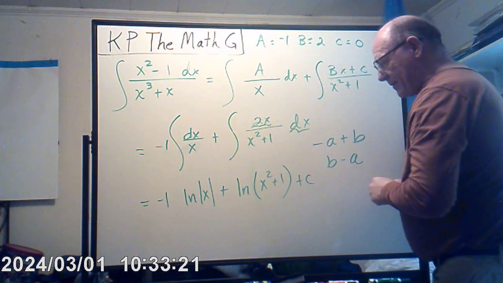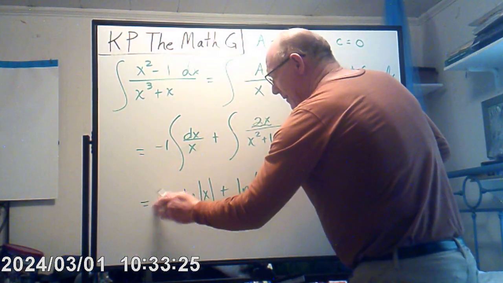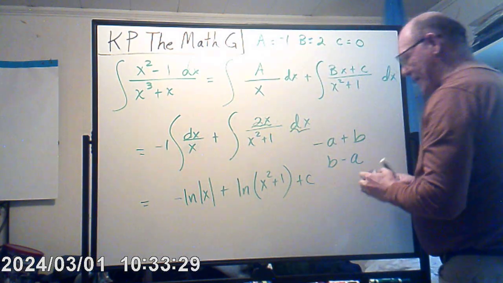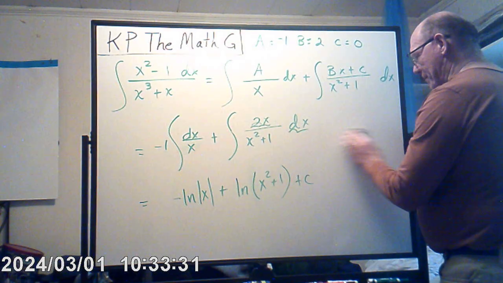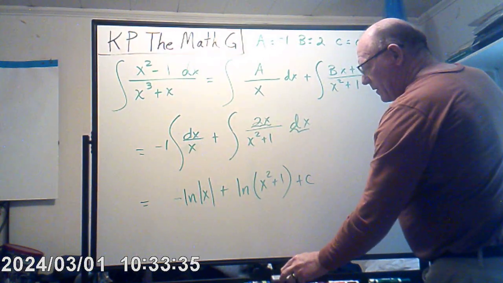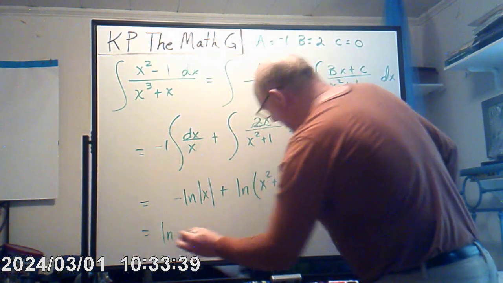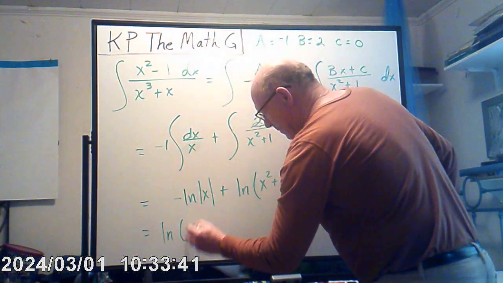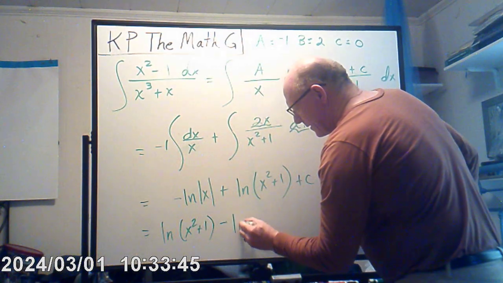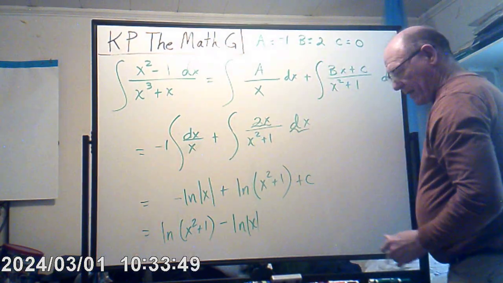Okay, so there's a reason for me doing this. So I'm just going to rewrite this as ln of x squared plus 1 minus ln of x plus c.